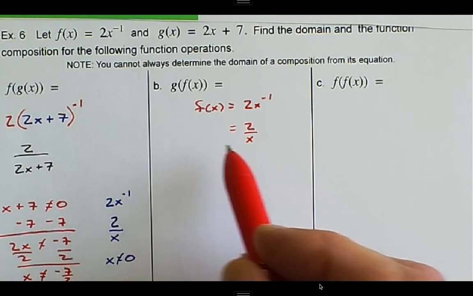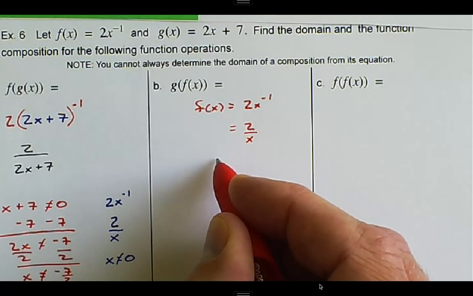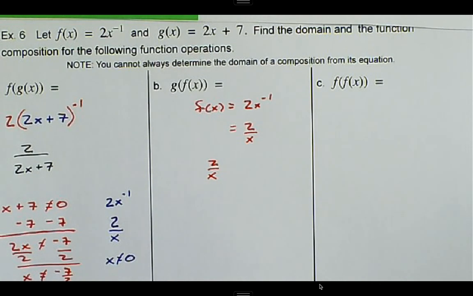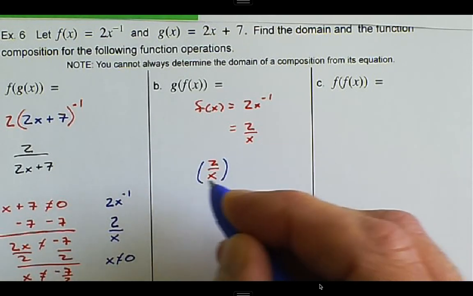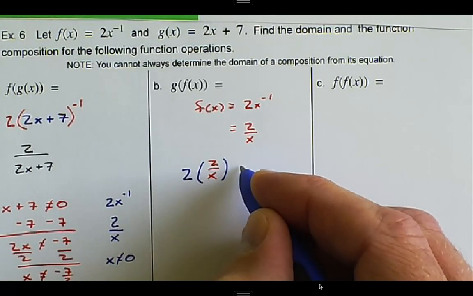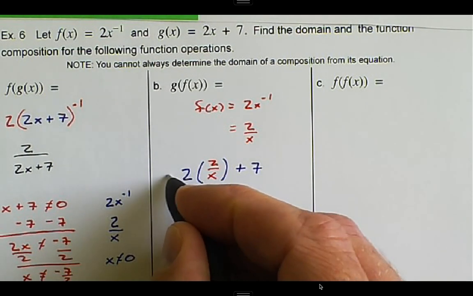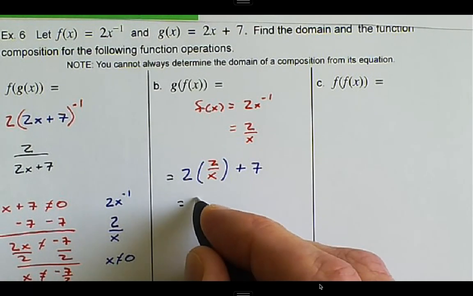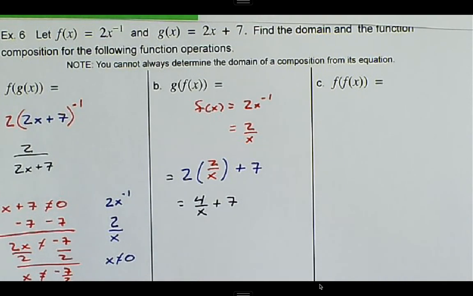So the next thing, we're going to substitute that in. So 2 over x, and we're going to substitute that into function g. So we're going to say 2 times x plus 7. And we're going to simplify that. 2 times 2 is 4, so we get 4 over x plus 7.